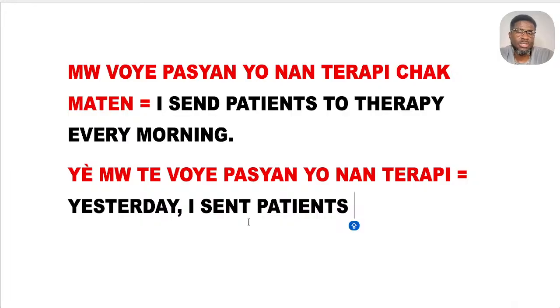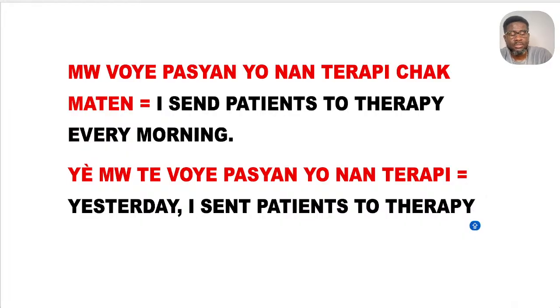OK? So si la personne dit la phrase I sent patients to therapy, yesterday I sent patients to therapy, so ça peut être n'importe quel groupe de patients. OK, mais si je mets I sent the patient, là vous connaissez de quels patients j'ai parlé, les patients habituels.